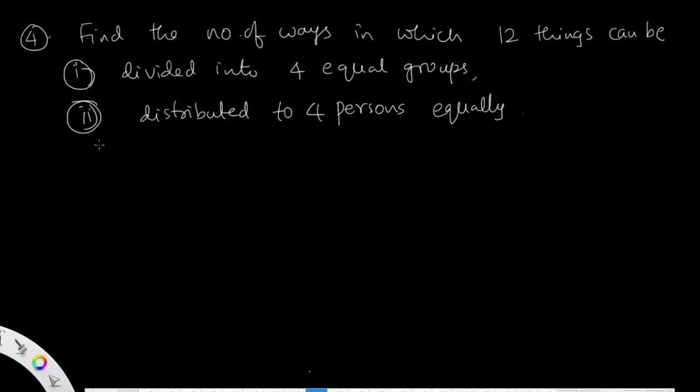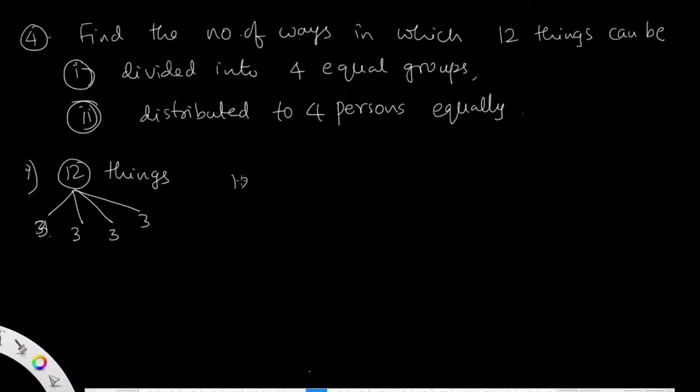Okay, the first one's answer is: 12 things can be divided into 4 equal groups. So that should be 3, 3, 3, 3, equal groups, nothing but 4 equal groups.